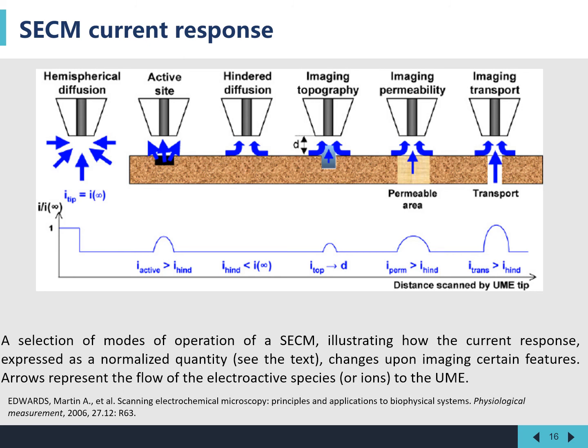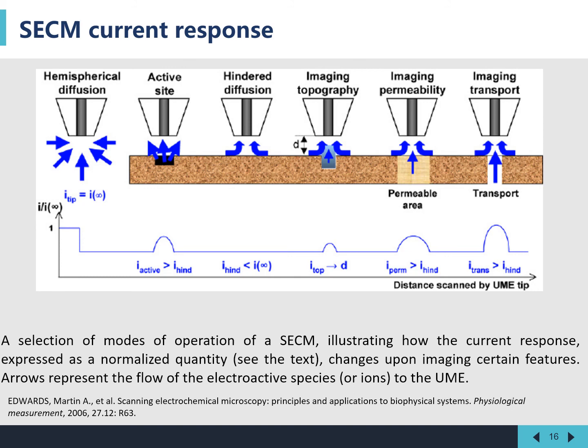This figure illustrates several different kinds of situations. As I just mentioned before, if the probe is placed in the bulk solution, the hemispherical diffusion can be observed. If the probe scans over an active site and a non-active site, the current over the active site will be higher than the current over the inert surface.